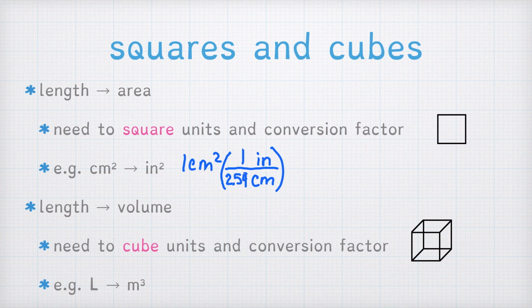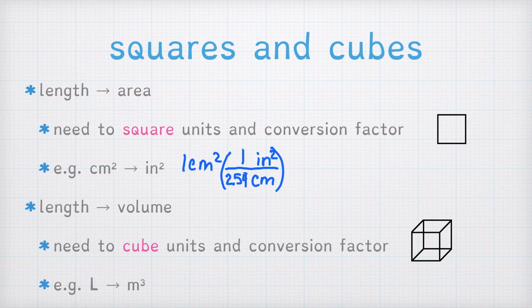Now that I have the linear relationship set up, I want to square everything inside the parentheses so that my units on the bottom of the fraction match the units that I started with, which in this case are square centimeters. 1 squared is simply 1, so I'm going to ignore that.